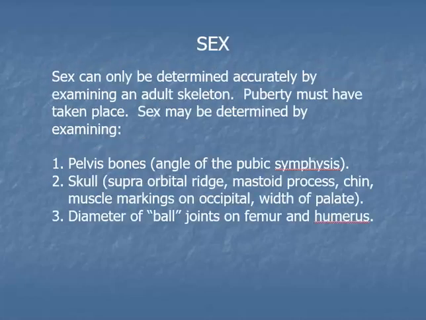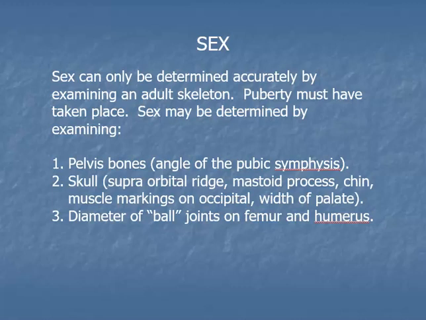Next slide. All right, sex can only be determined accurately by examining the adult skeleton. Puberty must have taken place. Now, this stands to reason that your body's going to go through some changes during puberty.